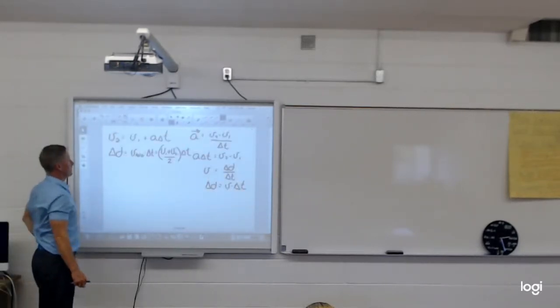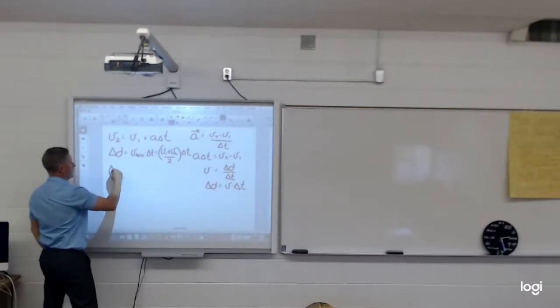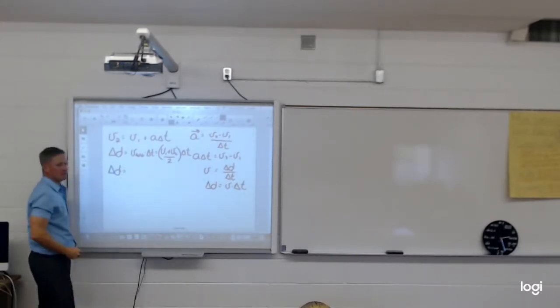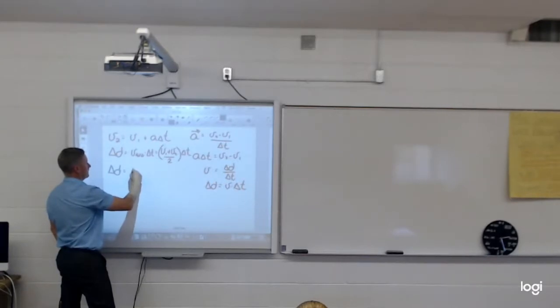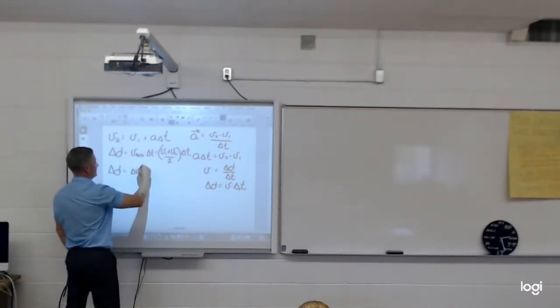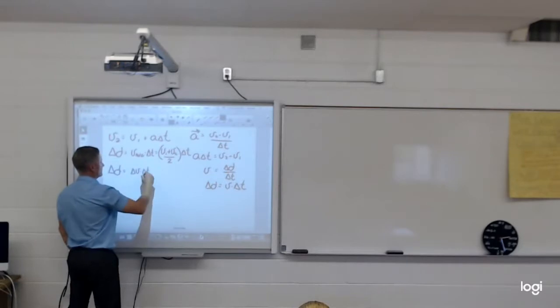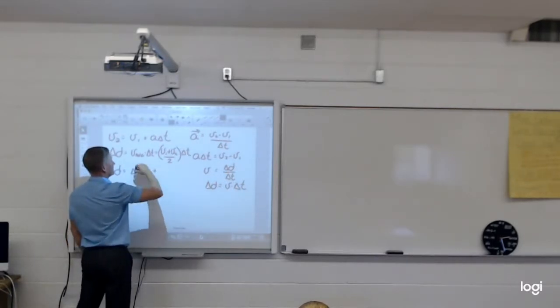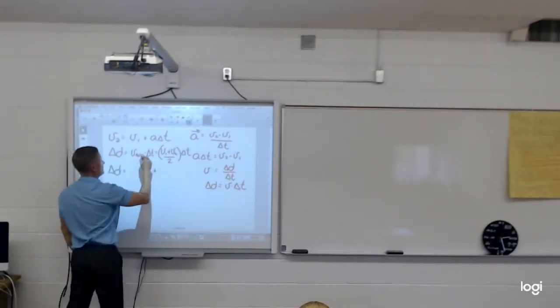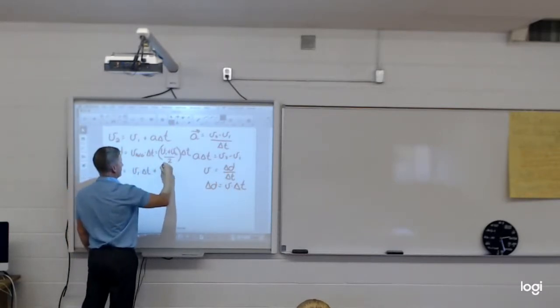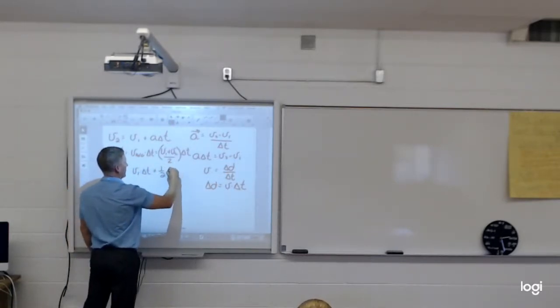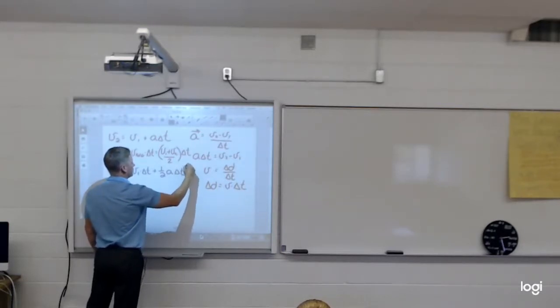That leads us to our third equation, and probably the one that you are going to use the most: d equals V delta t plus, actually, I've got this wrong here. This is V1 delta t. It says in the book that's plus 1/2 a delta t squared.